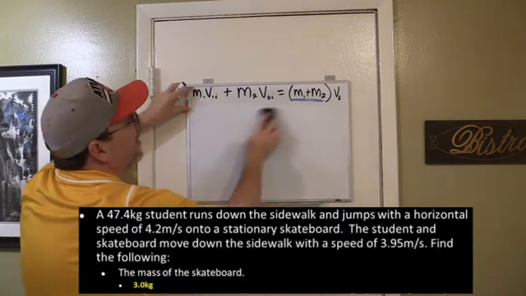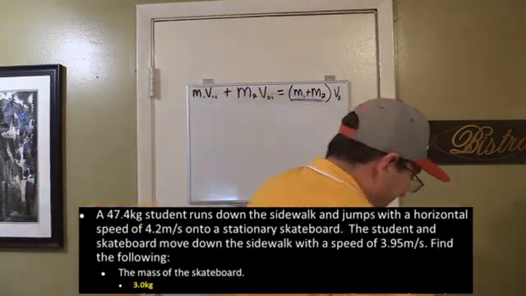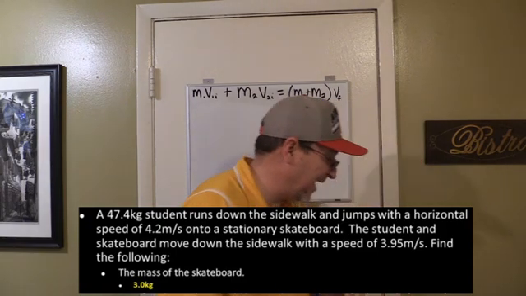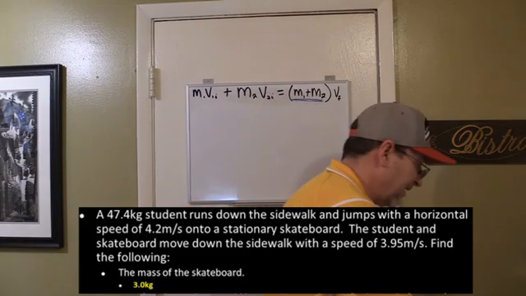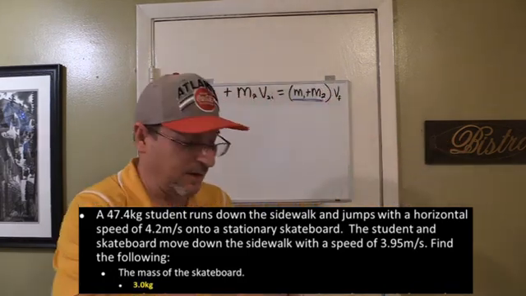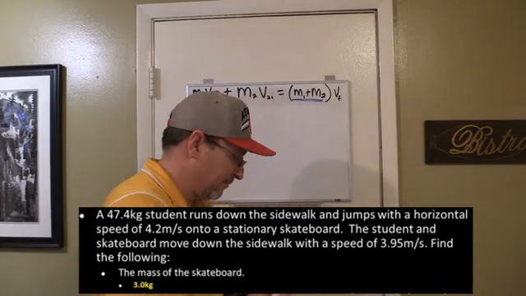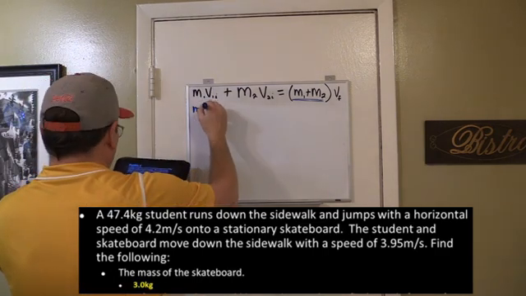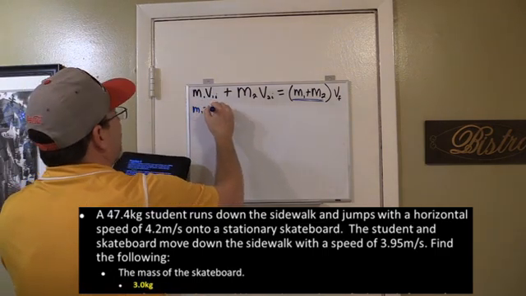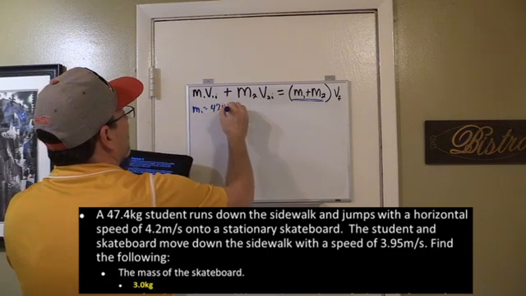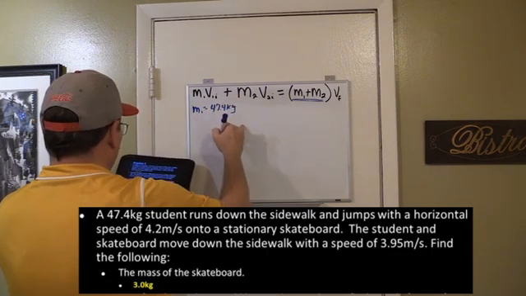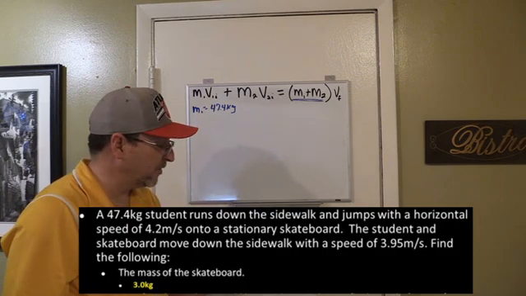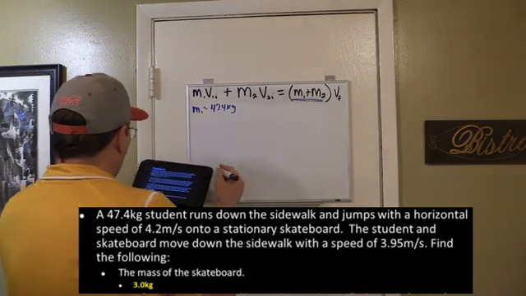You're stuck. All right. The last problem, this one's actually cool because I don't think it has the initial velocity of 0 for one of them. So let's see, mass 1 is 47.4 kilograms. A student runs down the sidewalk and jumps with a horizontal speed of 4.2.